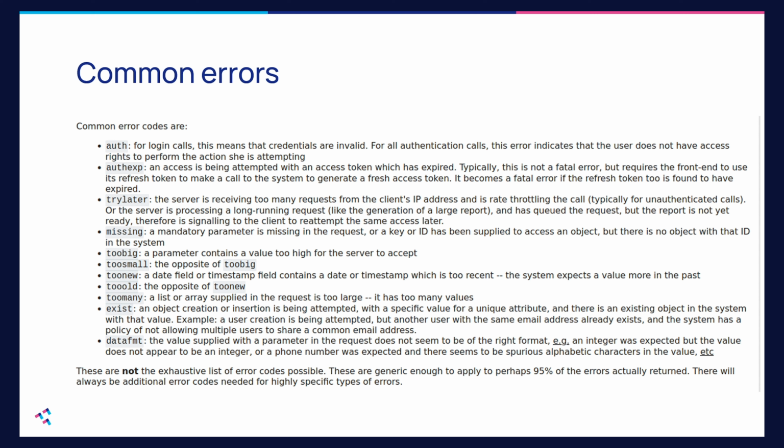Here is a list of common error codes. If you look at most web services in most applications, you will come down to a common set of maybe 15-20 error codes which are being reused for every possible type of error most of the time. Look at some of these. The auth error is for authentication.